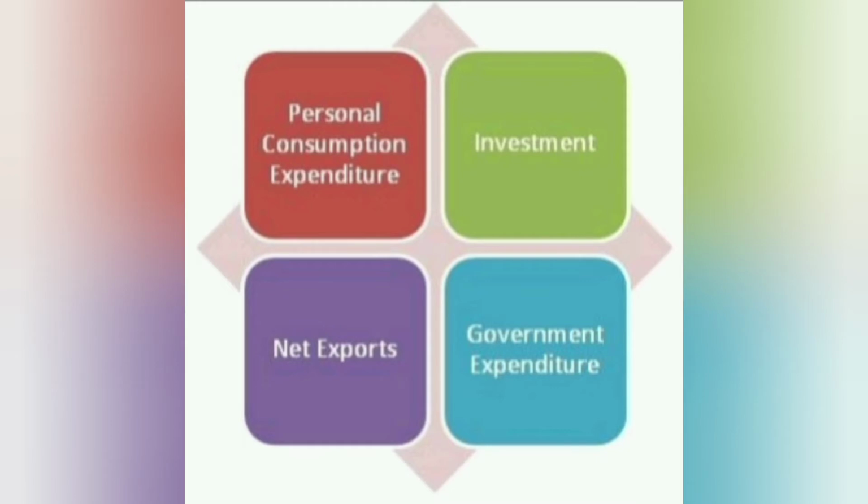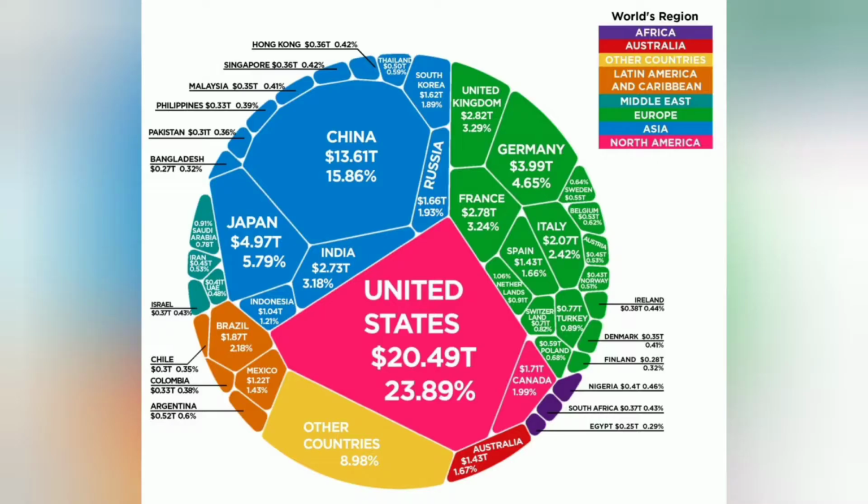The second one is investment. It may be fixed investment, business investment. The third one is net exports. Then government expenditure. These are the four key components of GDP.